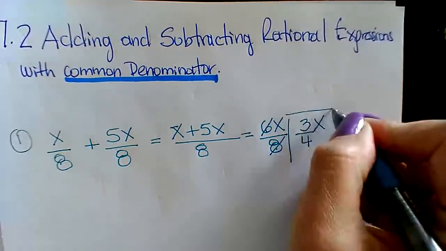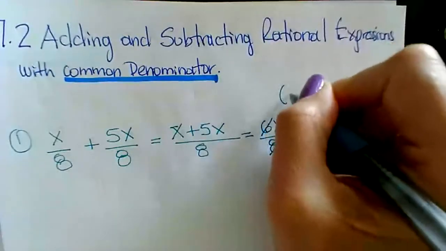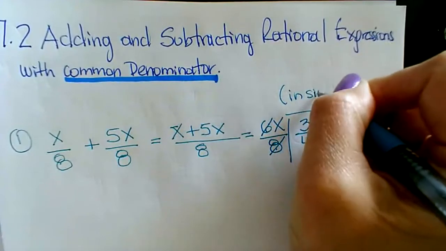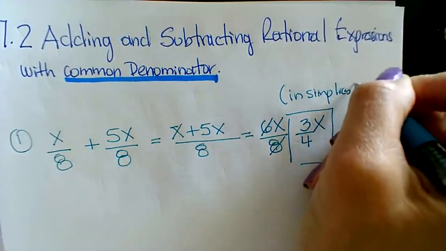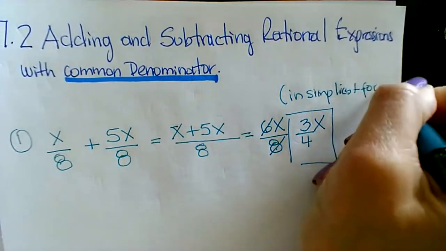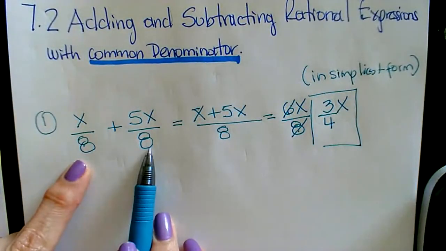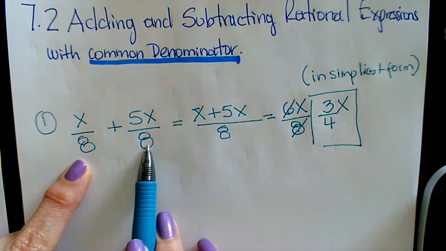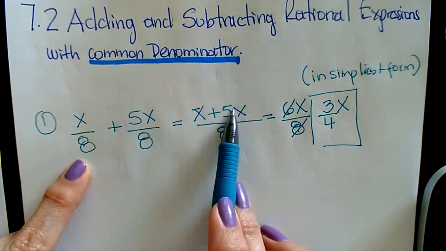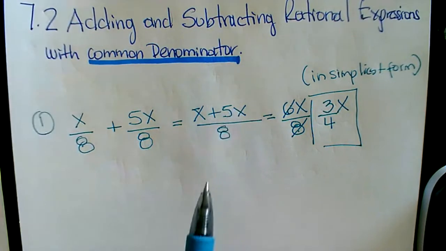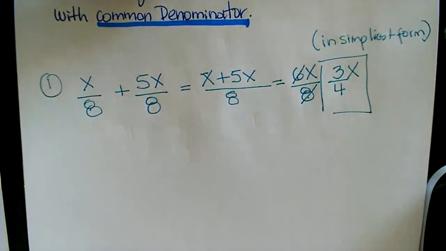So here it is in the simplest form, okay? So because I had the same denominator, we keep the common denominator and we combine the numerators. Now, let's do another one.